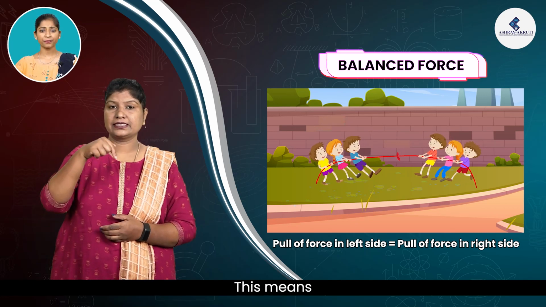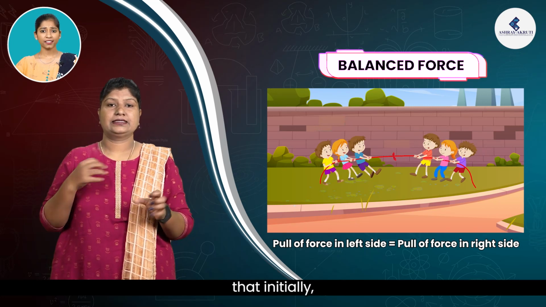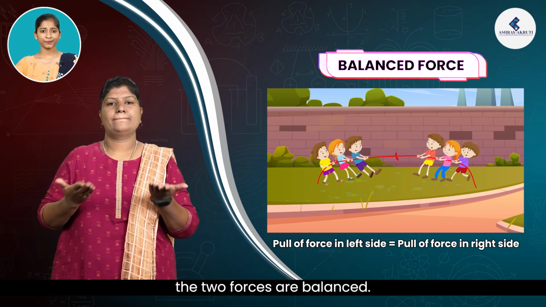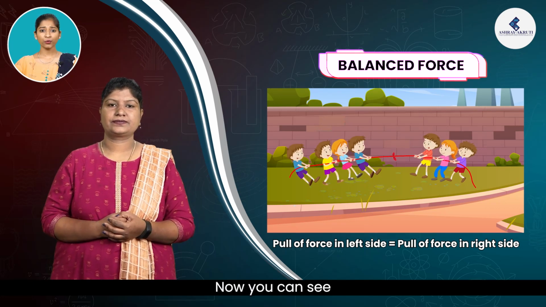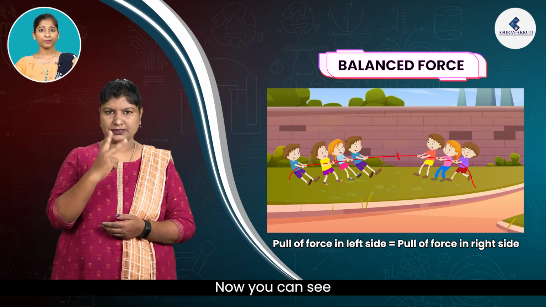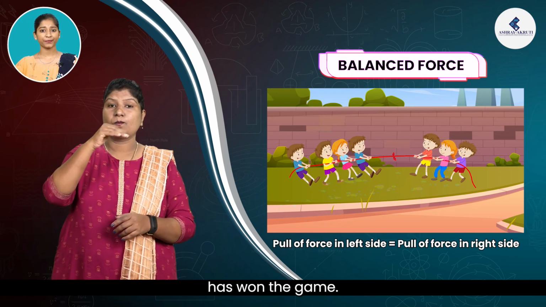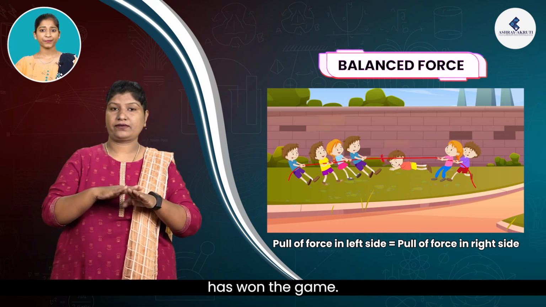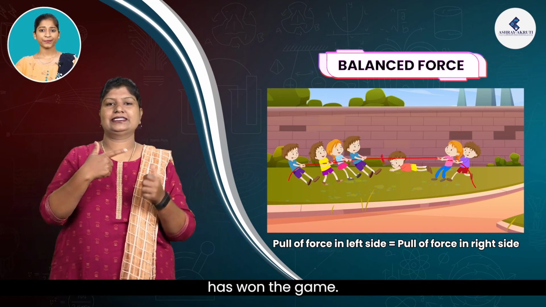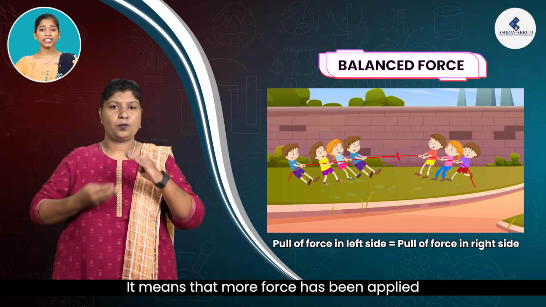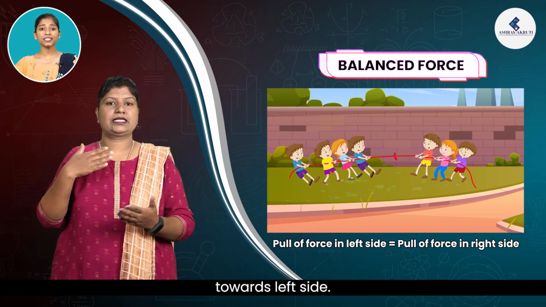This means that initially the two forces are balanced. Now you can see boys on the left side has won the game. It means that more force has been applied towards left side.